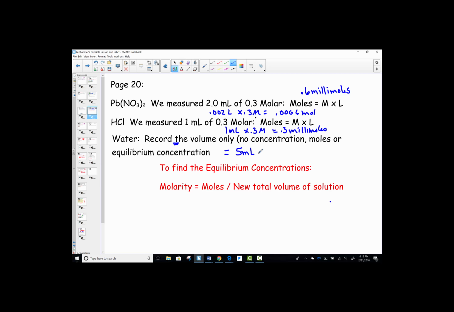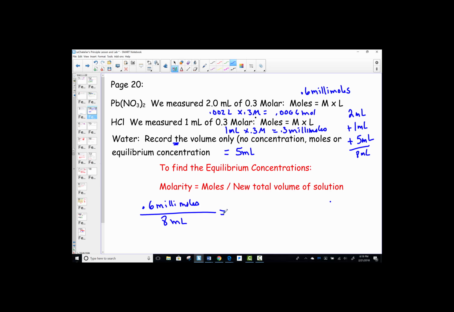How will you find the very last row of equilibrium concentration? Well, it's just a dilution problem, MV equals MV. Let's say you take that 0.6 millimoles that you found for the lead nitrate, and what would the new combined volume be? We had 2 mL of lead nitrate, we had 1 mL of HCl, and now I added 5 mL of water, so the new combined volume, 5, 6, 7, 8 mL.